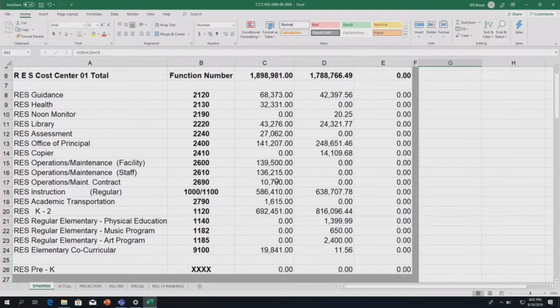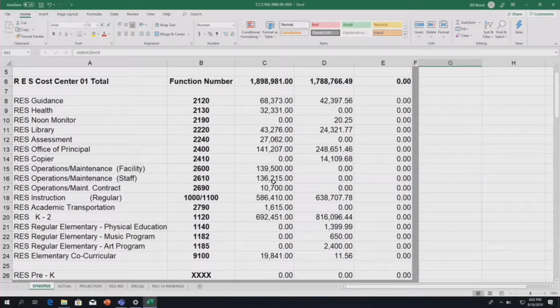What we have is the original 2008, 2009 RSD, Raymond School District budget, which I have converted into the appropriate RSU accounting numbers, okay, so that I can match an apple to an apple.